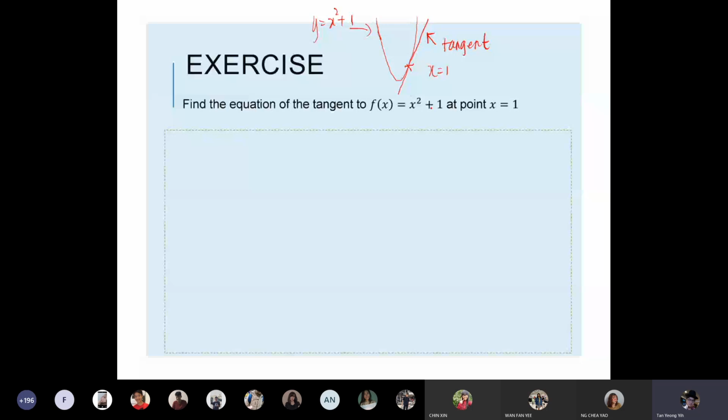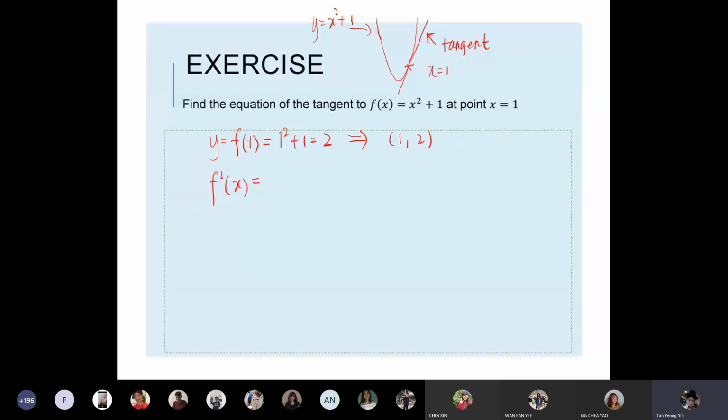So how do we find this point? First, we need to find the y. The y is f when x is 1, so we have 1 squared plus 1. The y is 2. Therefore the point is (1, 2). Now find the slope.